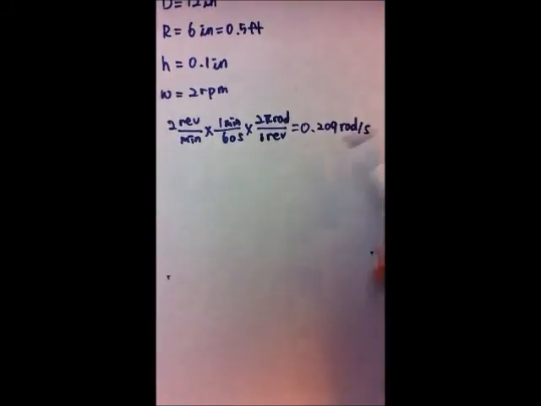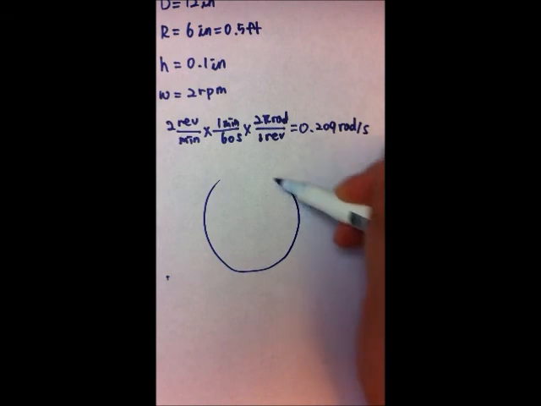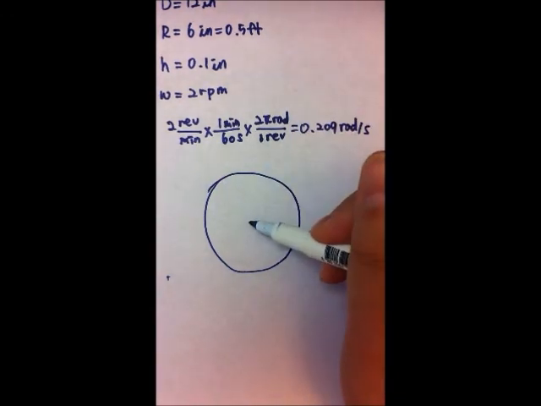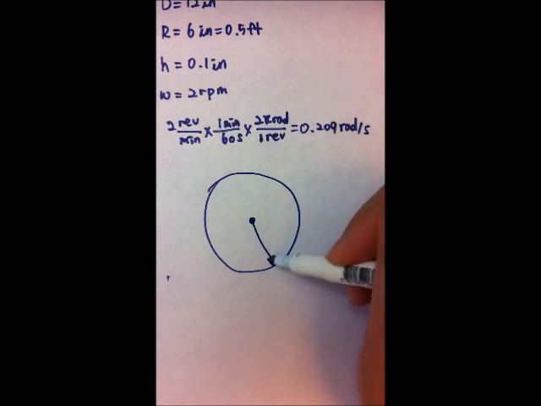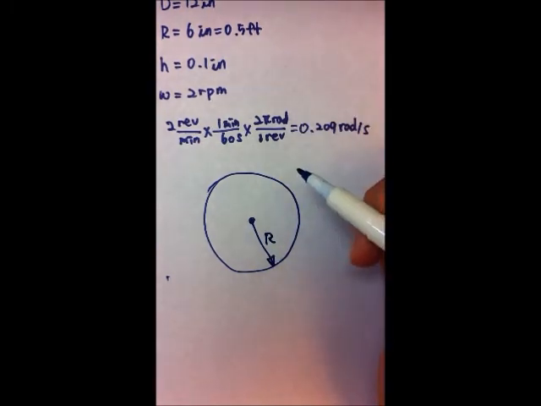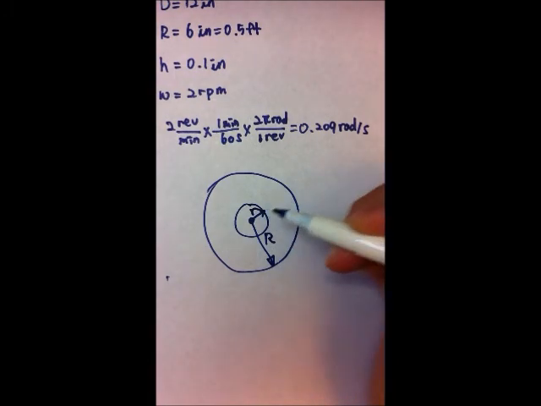Okay, and let's do the diagram. So here's the circular plate, and we have big R, which is the radius, and here's a small r.